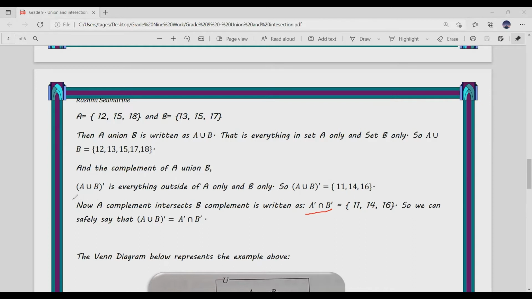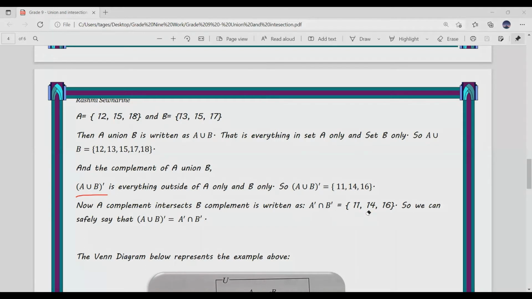It's the same thing as this here. So we can safely say that A union B complement is equal to A complement intersects B complement. It is the same thing, and it's going to be the same numbers, 11, 14, 16. Like we established, that is going to be in the rectangular box, neither in set A nor set B. Remember that it's everything that is outside set A and everything that is outside set B.